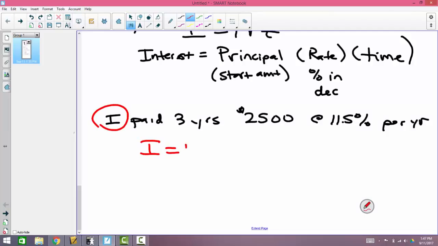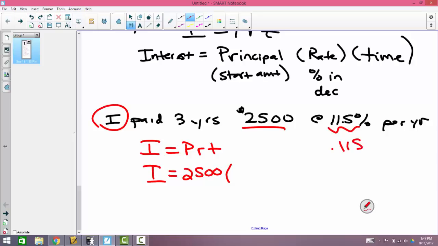So I equals PRT. So I equals principal, 2,500. Rate, this needs to be in decimal, 0.115. You just move it over twice to go from percent to decimal. You could also think of it as 11.5 over 100 and do that out. Times time, and that is 3 years.